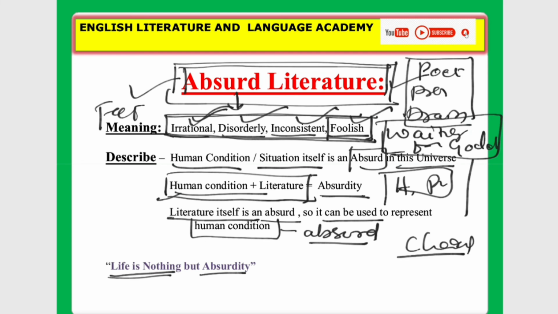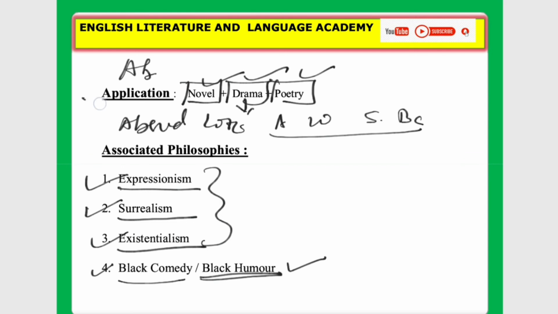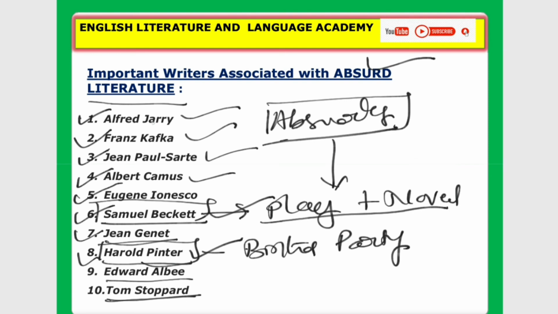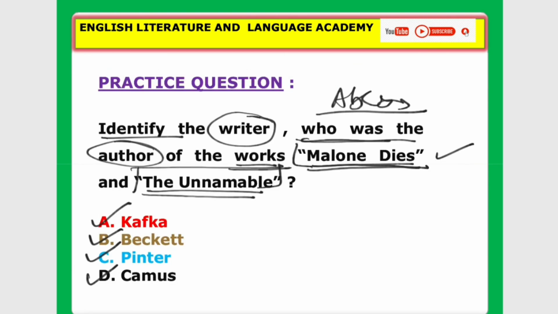So please read this drama and the application of this theory, and the philosophies that influenced absurd literature like expressionism, surrealism, existentialism, black comedy. Please read all these theories briefly. They may ask which philosophy influenced absurd literature. So note down all the important playwrights and novelists associated with absurd literature and answer this question in the comment section.